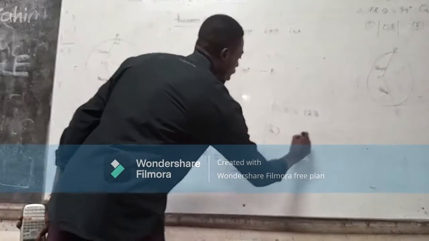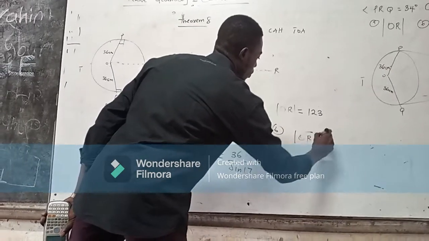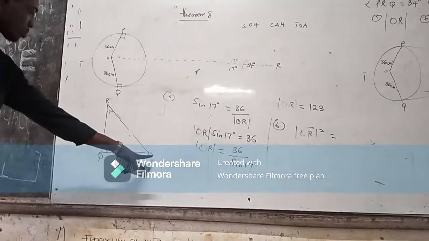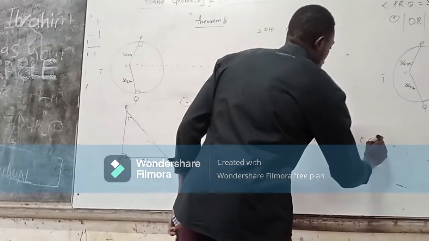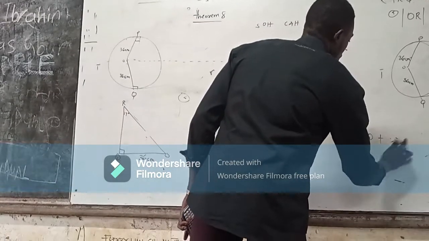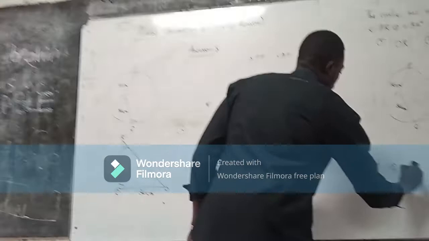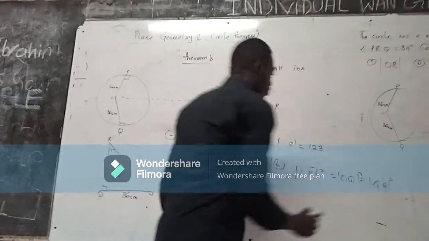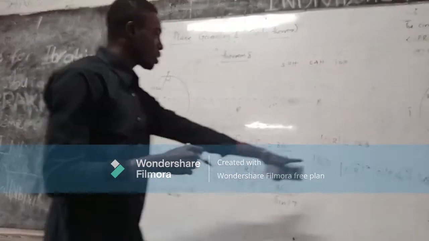the OR squared is equal to OQ squared plus QR squared. So when you find all the squares, that is how it will be. So then what is this?